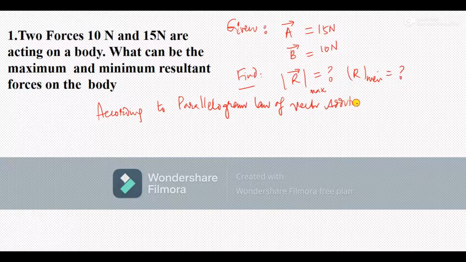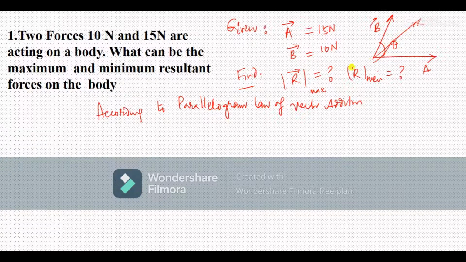one vector A is acting like this, and one more vector B is acting, with an angle between them. As per the parallelogram law, this is the resultant.